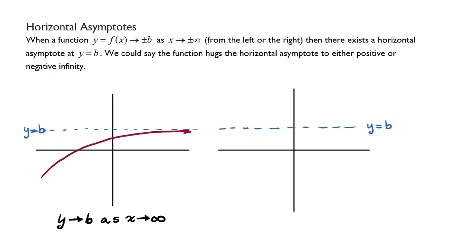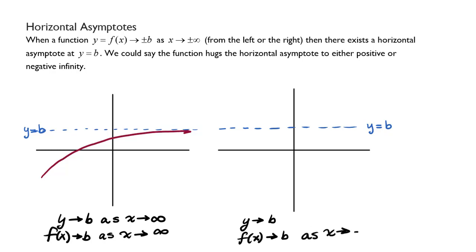You could also write this as f of x approaches b as x approaches infinity. And the last one, we could say y approaches b, or f of x approaches b, as x approaches negative infinity.